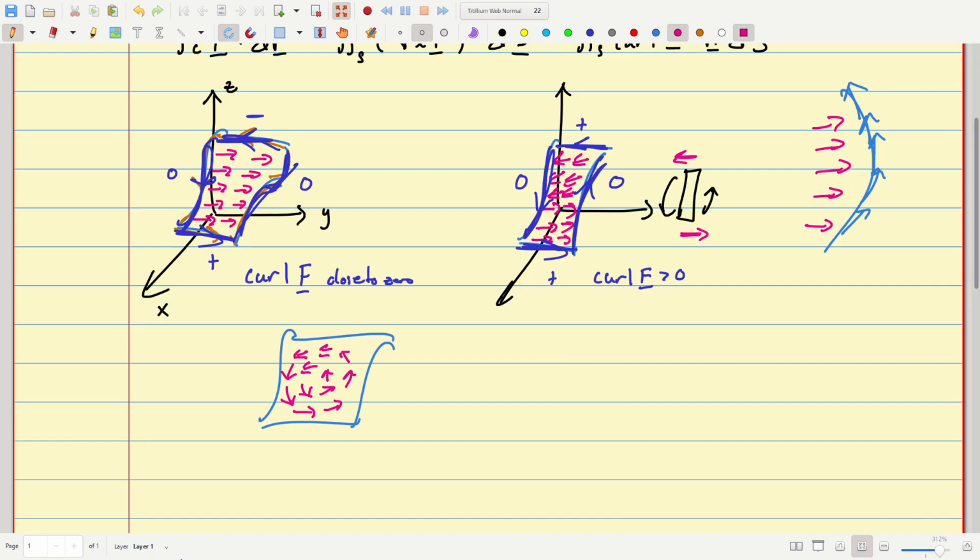Okay, this is a straight up vortex, right? So this would have very large curl. Okay, and we can get an indication of what's going on by measuring around the boundary.